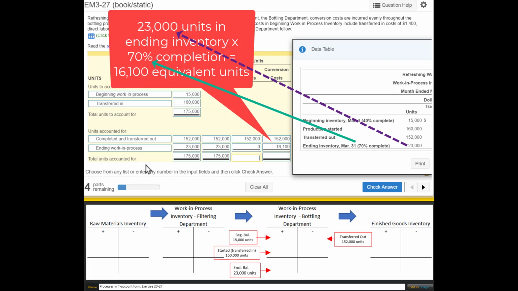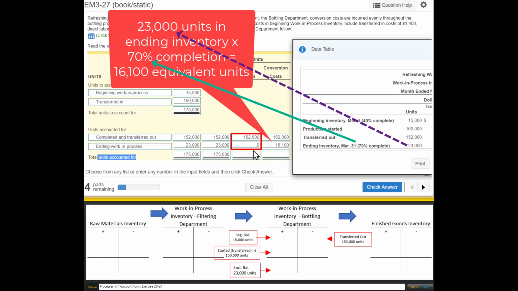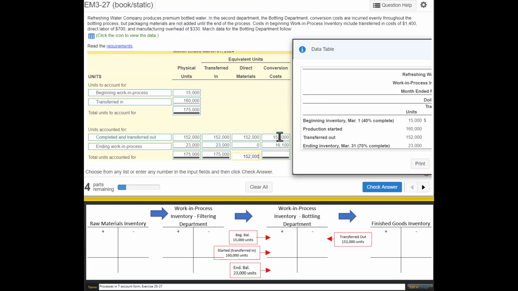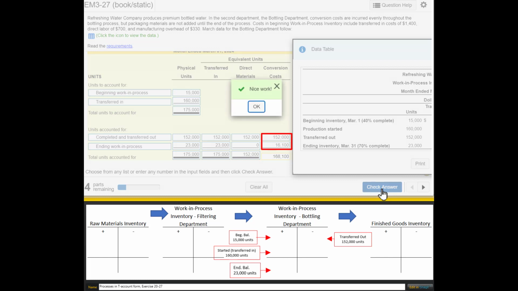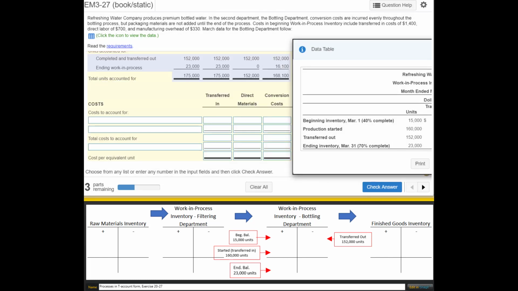So now we need the total units accounted for direct materials. We take the 152,000 plus 0, that gives us 152,000. Then for the total units accounted for conversion costs, we take 152,000 plus 16,100 gives us 168,100 equivalent units. So in the next video, we will continue with the costs.